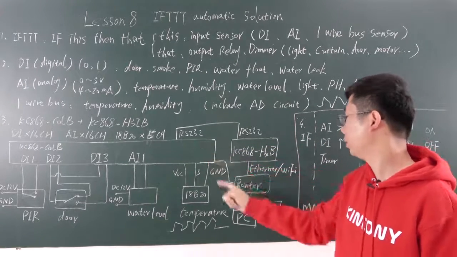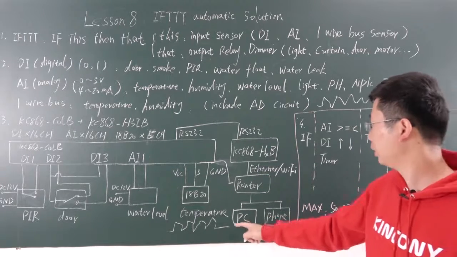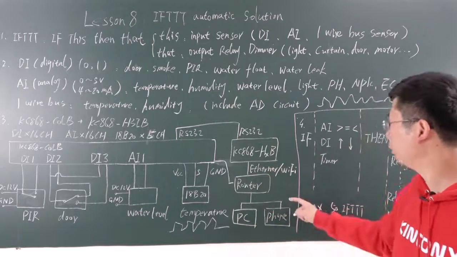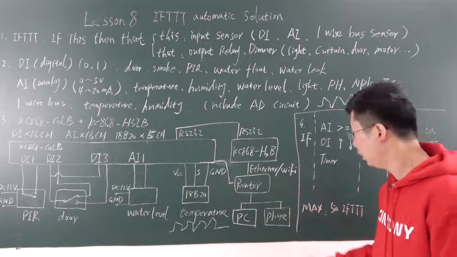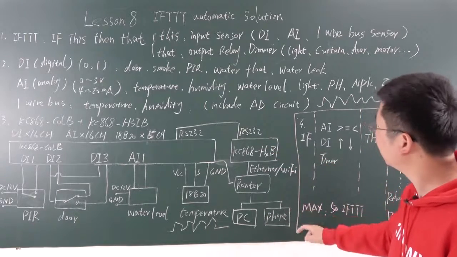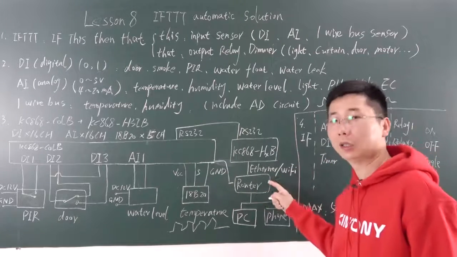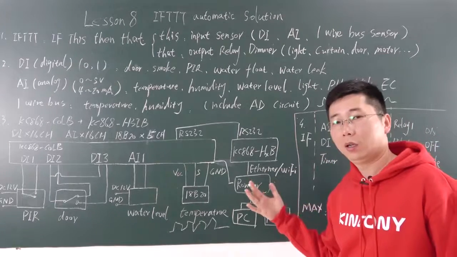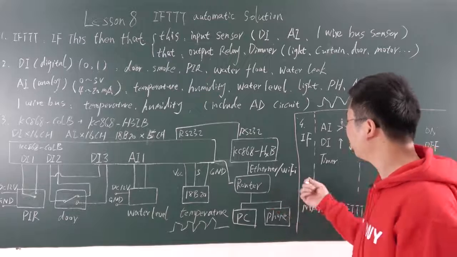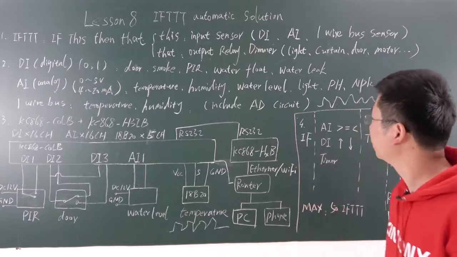Your PC connects to the router, and your mobile phone connects to the router by Wi-Fi. So you can control this relay board by PC or by mobile phone. Because the router is connected to the internet, you can also use the PC or mobile phone application over the internet to remotely control the relay board.